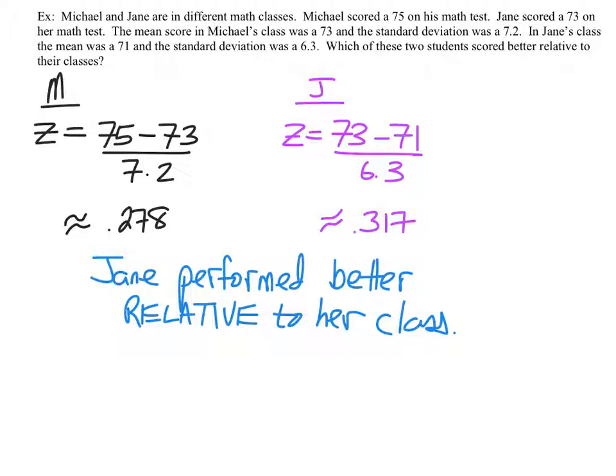All right, so what are the two classes? It really doesn't matter. You could be talking about same grade level, but two different courses, stat versus calculus. But you could also be like, okay, well, you have a student in Algebra 1 and a student in multivariable calculus. If a student got a 75 on a test in Algebra 1 and another student got a 75 on a test in multivariable calculus, who knows more math?